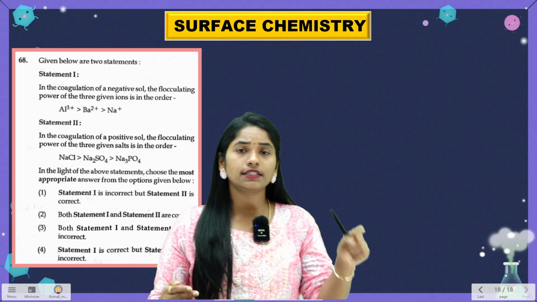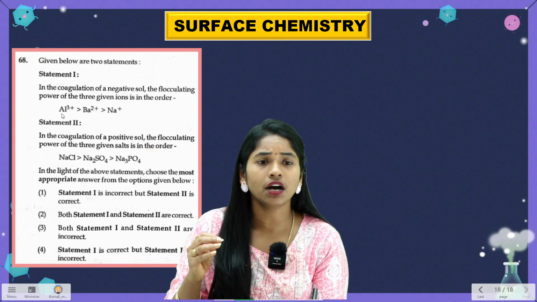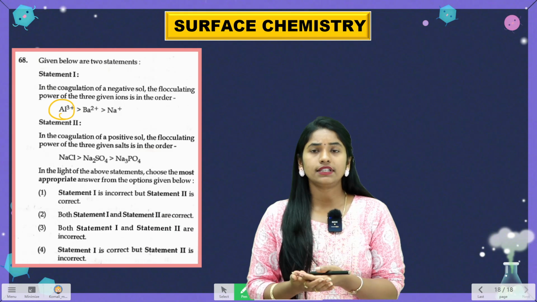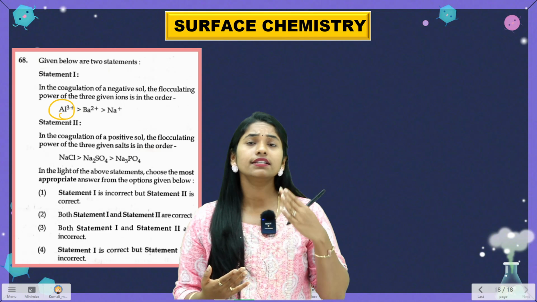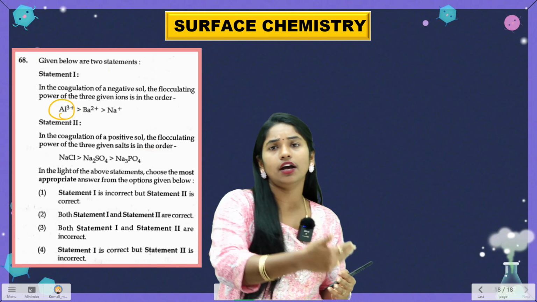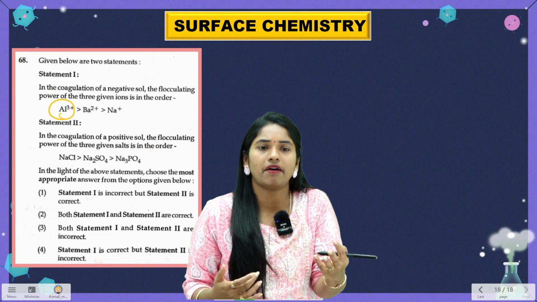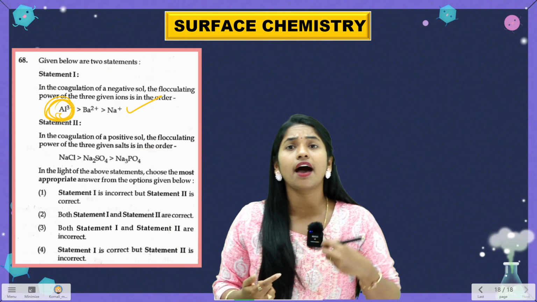Now in this, if you observe what the Hardy-Schulze rule says: the more the charge on the ion, the more its coagulating power. I mean, more charge, more power. So the first option is correct because the more charged one has more power.